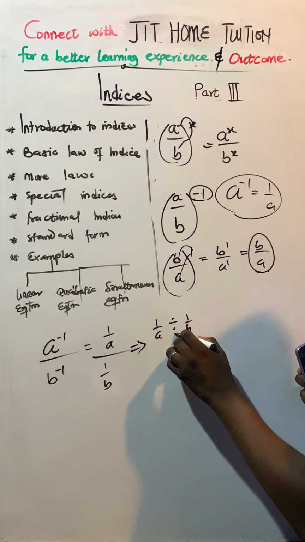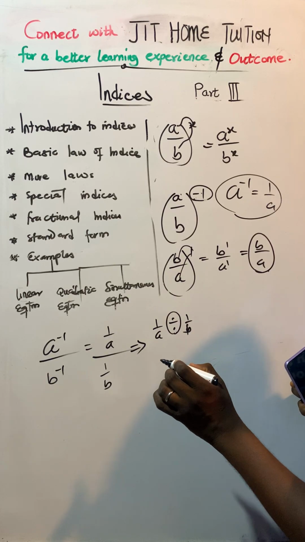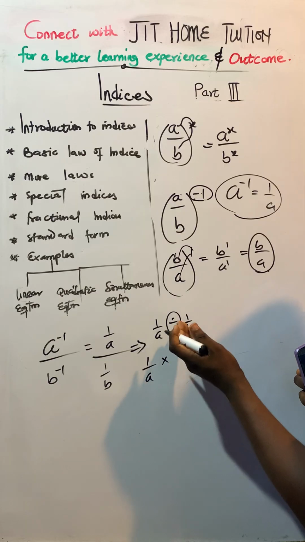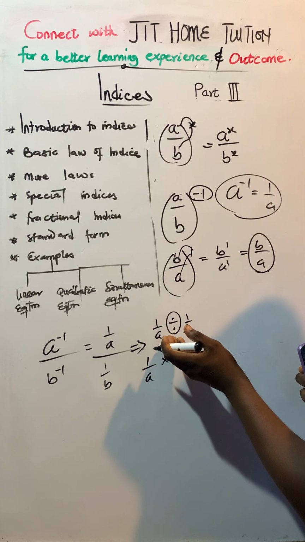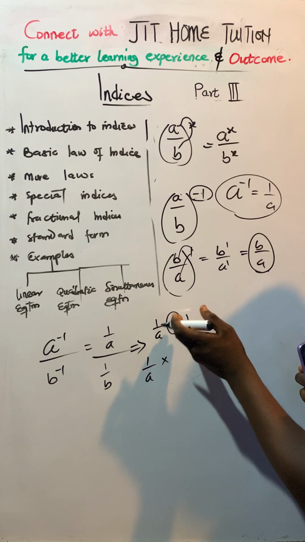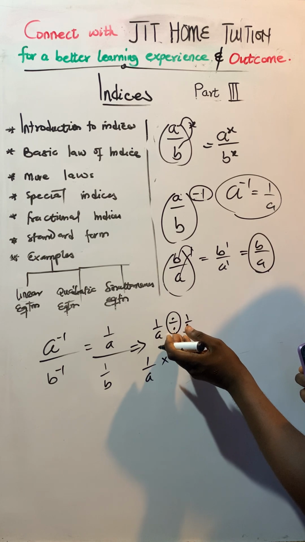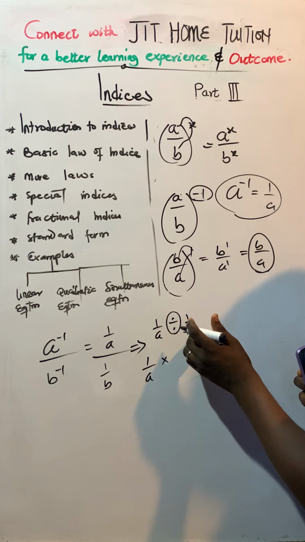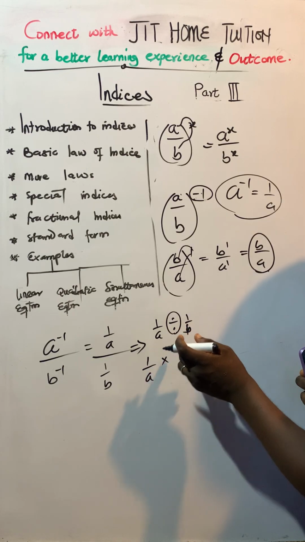Now, when you have something like this, the division sign will change to multiplication, giving you 1 over a times. Then the fraction after the division sign, when it changes to multiplication, the sign will change from division to multiplication. Then the fraction after the division sign will reciprocate.